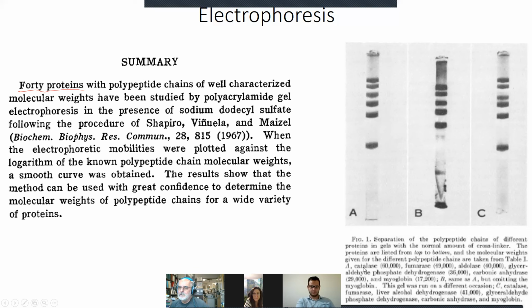If you take a mixture of proteins, in this case catalase, Fernerase, aldolase, glyceraldehyde phosphate dehydrogenase, carbonic anhydrase, and myoglobin, varying in molecular weight from 60,000 to 17,000, and run them out on a polyacrylamide gel in the presence of SDS, they will resolve as 6 separate bands.